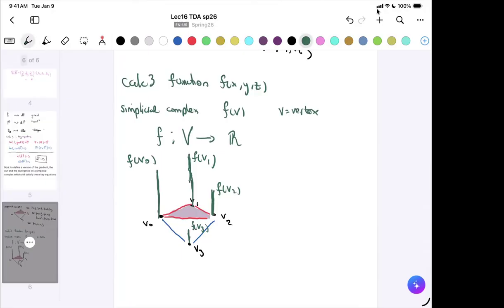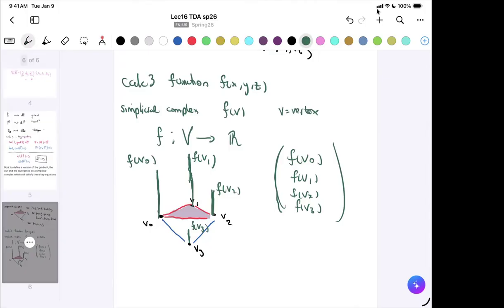That's what a function is for our purpose. A collection of numbers, which you can also think about as a vector, so it would be the vector f of v0, f of v1, f of v2, and f of v3. So that is what the function is.